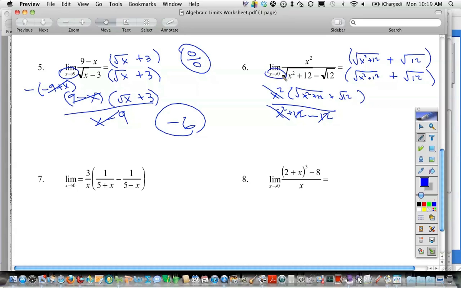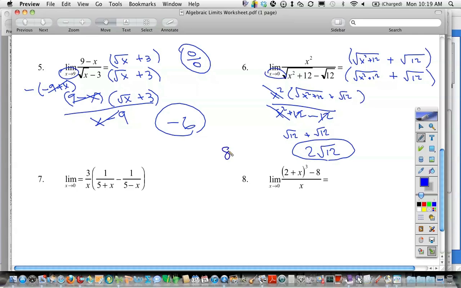Now I can put in my 0 for x. I get radical 12 plus radical 12, which is 2 radical 12. Mrs. Andreessen would just shudder if you left your answer like that. But it's okay for this class. Why do you even learn it?